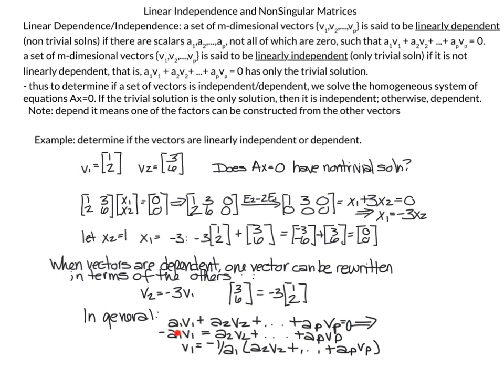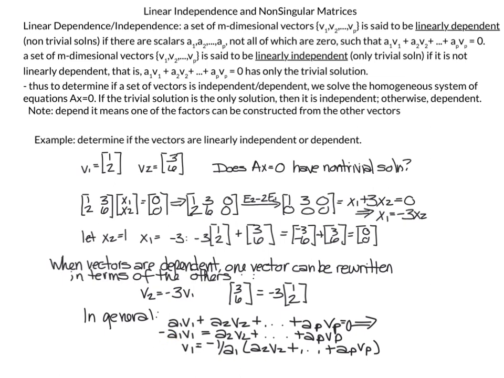And then because we know a1 is not equal to 0, we can divide both sides of the equation by a1, and then we have solved for v1 in terms of the other vectors. Again, we have to throw out the ones whose coefficients are equal to 0 so we can do this division.